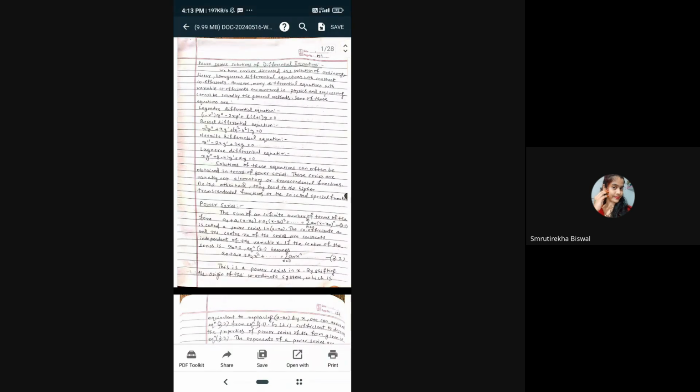The sum of an infinite number of terms of the form a0 plus a1 multiplied by (x minus x0) plus a2 multiplied by (x minus x0) square, and so on, can be written as summation n equal to 1 to infinity of an multiplied by (x minus x0) to the power n, and is called a power series in x minus x0.